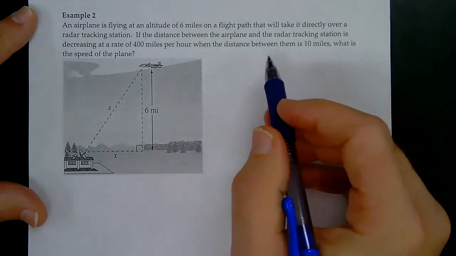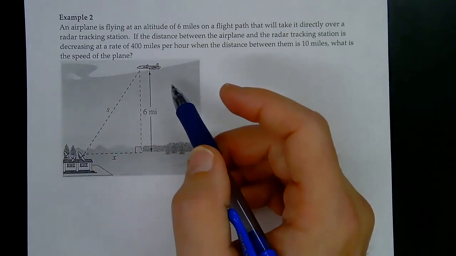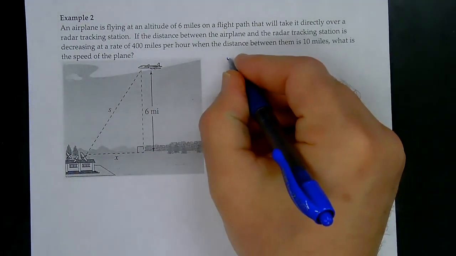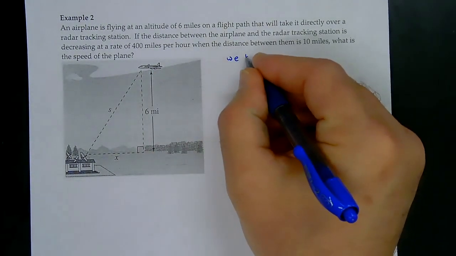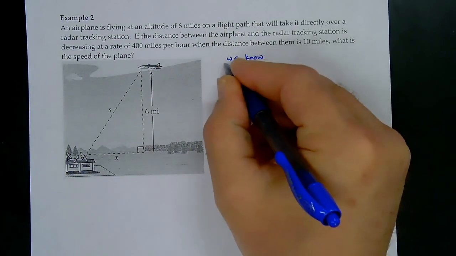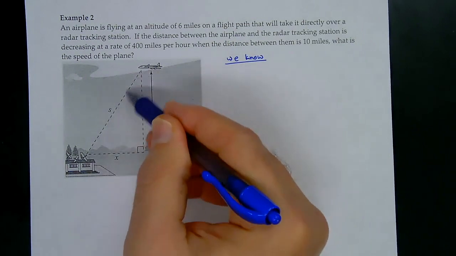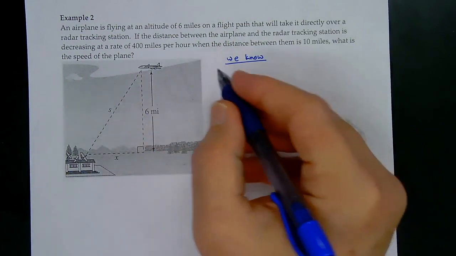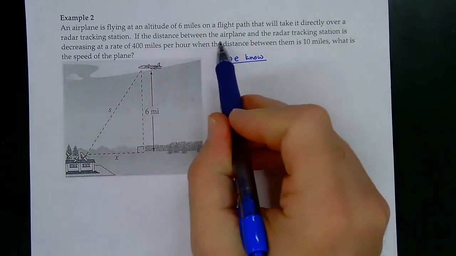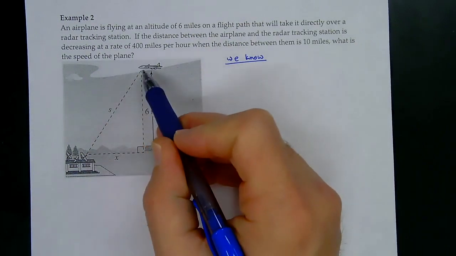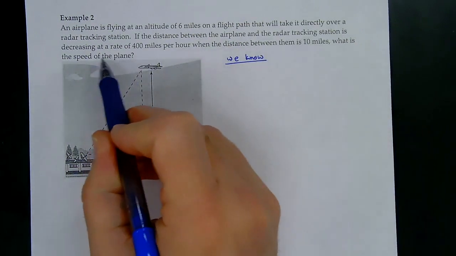Okay. So let's start writing down the things that we know. Because the plane's coming in this way, as it gets closer, this distance is actually shrinking. And we know that the distance between the radar tracking station and the plane is decreasing.